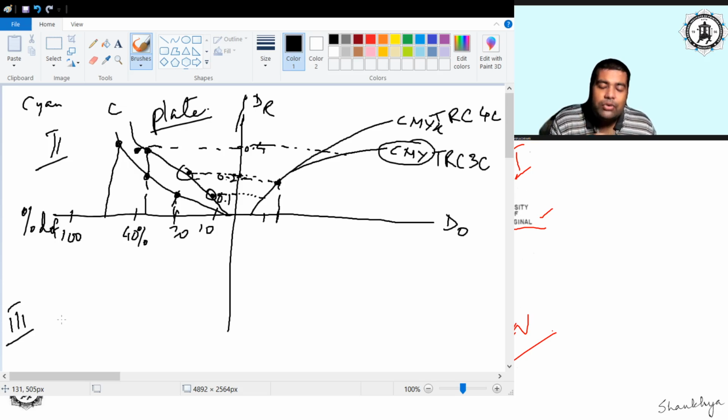I want to find out for what dot percentage I need to reproduce in my film in order to get certain densities after printing. I want to reach this particular point, but I do not know what type of dot percentages I need to reproduce either in my film or in my plate.